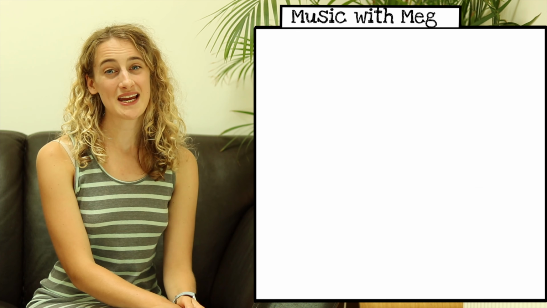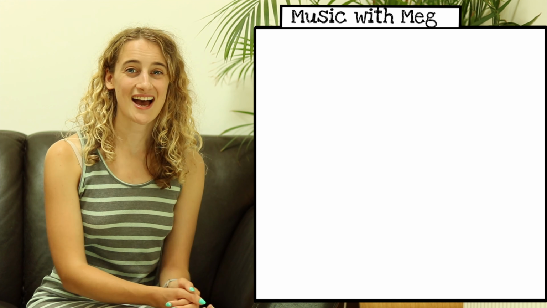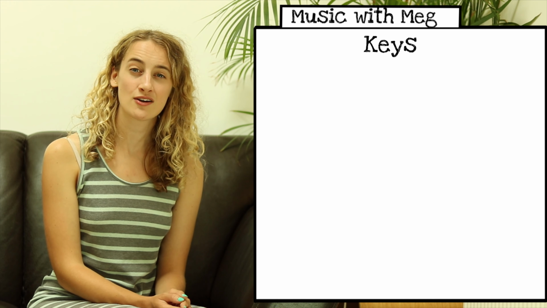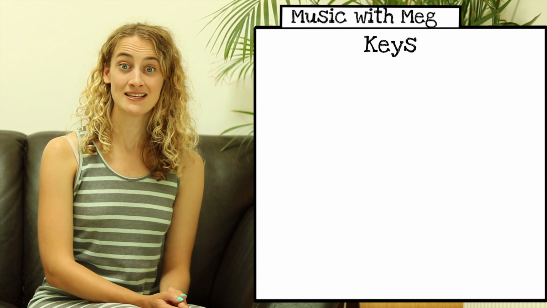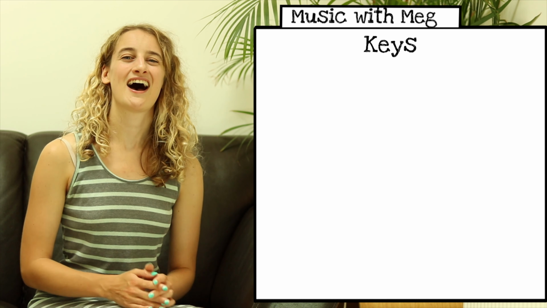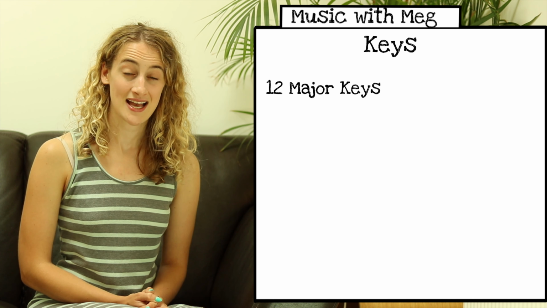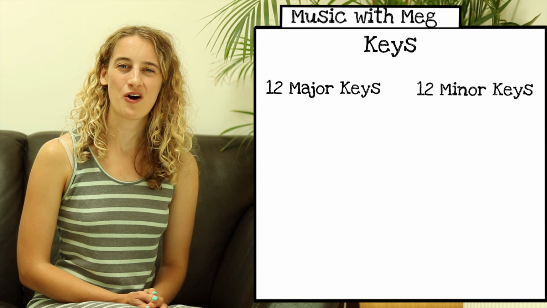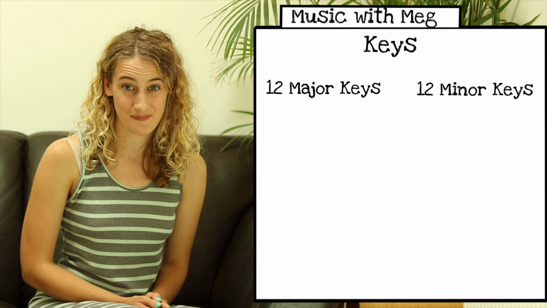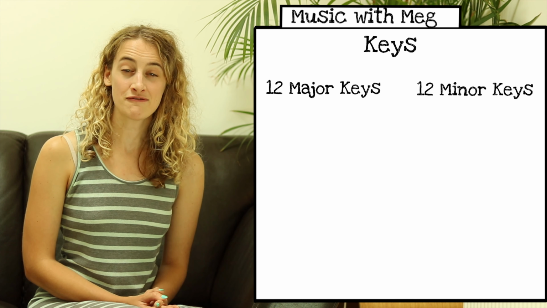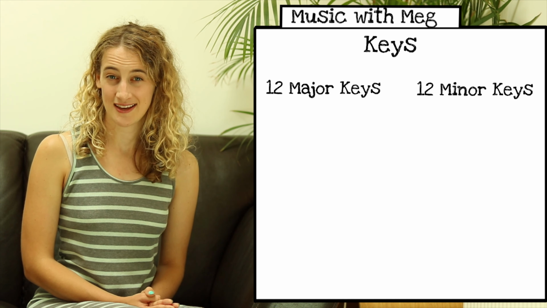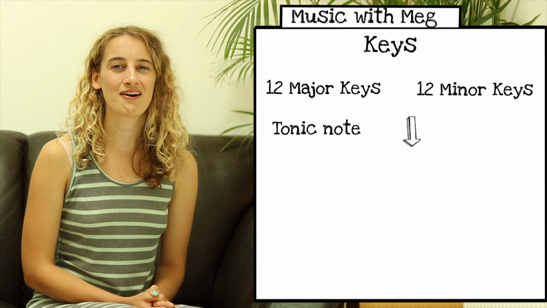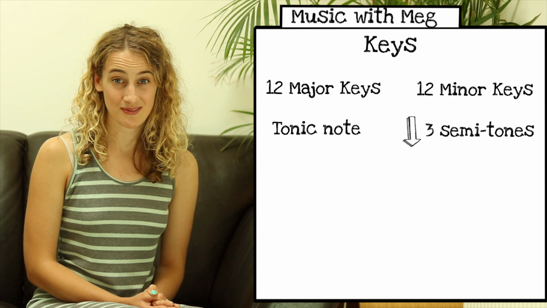Let's recap what we learnt today. We learnt that music is written in keys, which are a group of notes around which a piece of music is based. We learnt that there are 12 major keys and 12 minor keys. And we learnt that they're all related to each other. To find the relative minor of a major key, you take the tonic note, the key note, and go down 3 semitones.